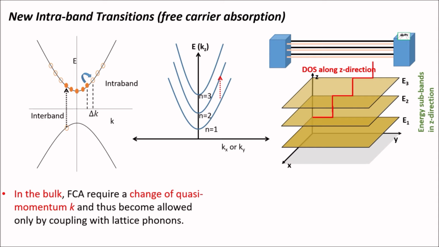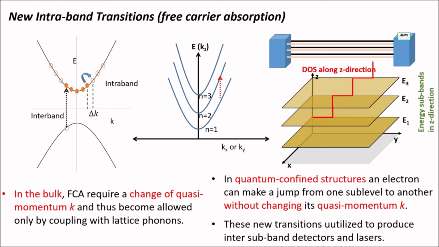Jumping of an electron from one such plane to another one now corresponds to an intraband or inter-subband transition. Thus, for the conduction band, an electron can make a jump from one sublevel to another without changing its two-dimensional quasi-momentum k.